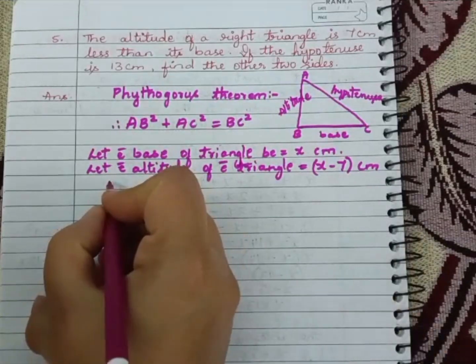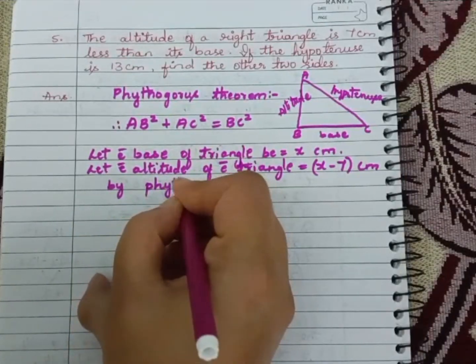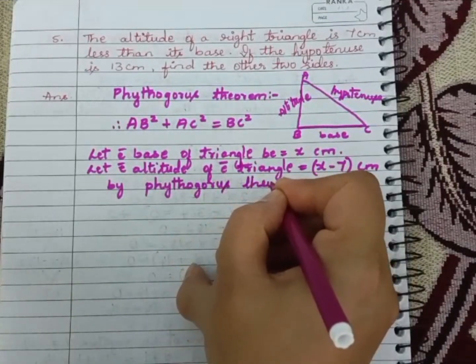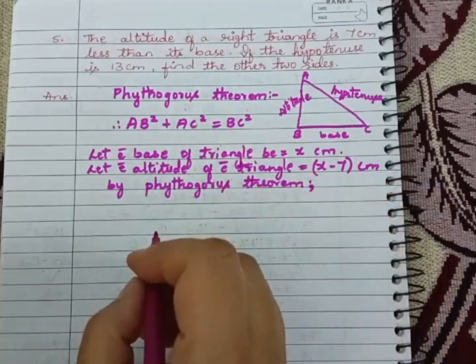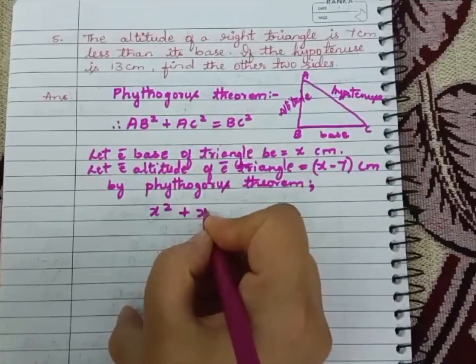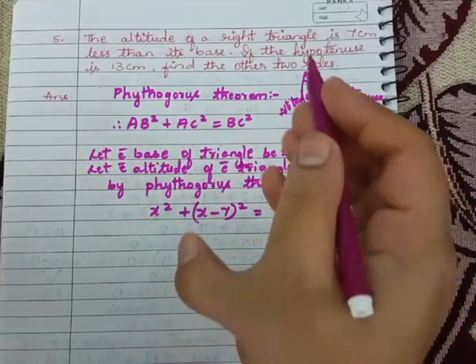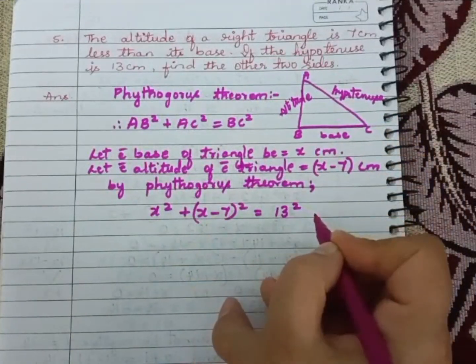Now, by Pythagoras theorem, that is, x square plus x minus 7 whole square is equal to, if the hypotenuse is 13 centimeter, it becomes 13 square.